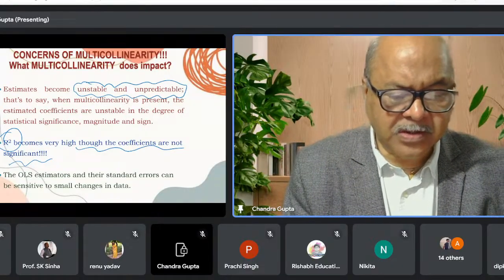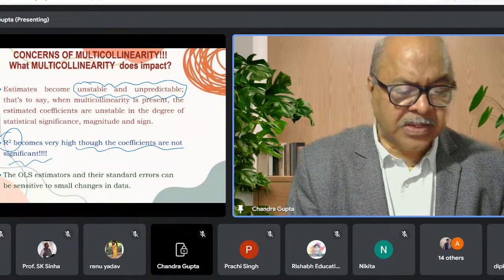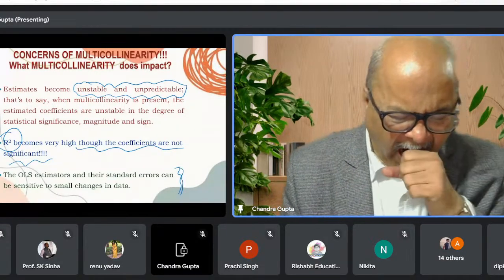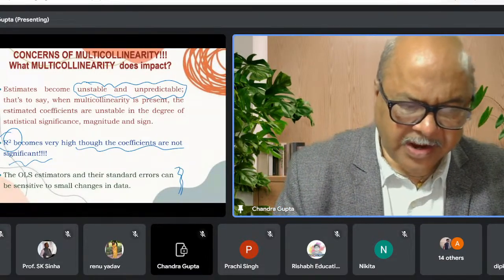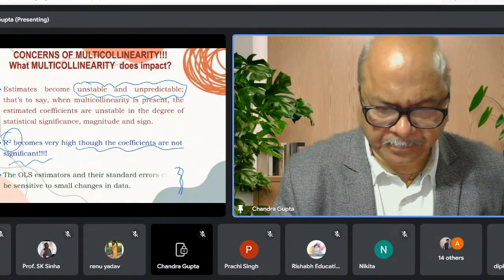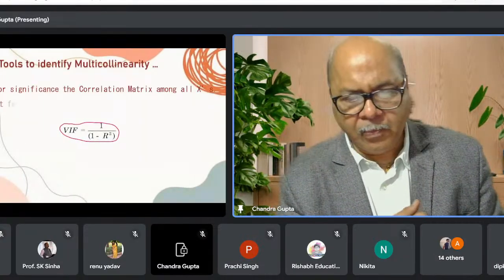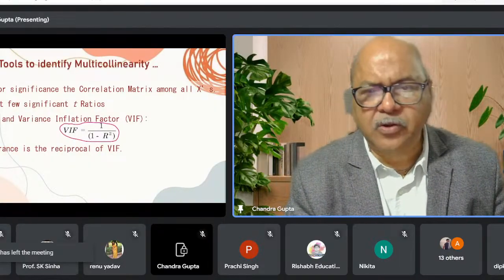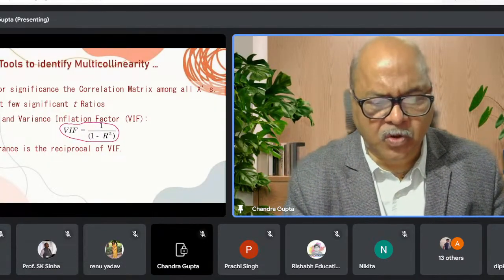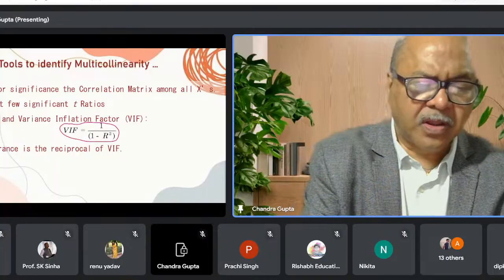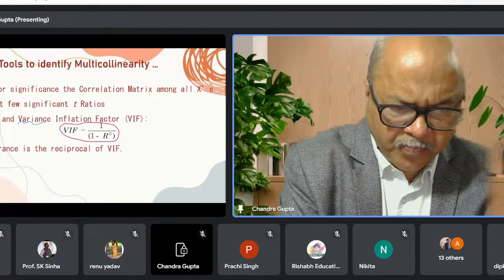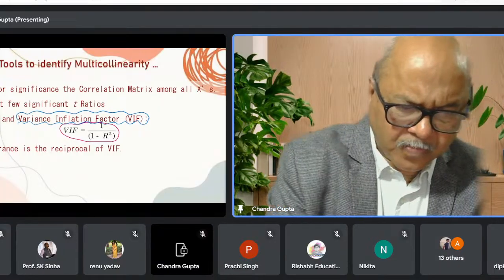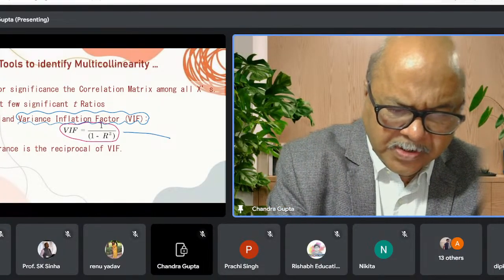OLS estimators and their standard errors can be sensitive to small changes in data. And how do we test? We test multicollinearity by a parameter called VIF, the variance inflation factor, and that's how we calculate the variance inflation factor.